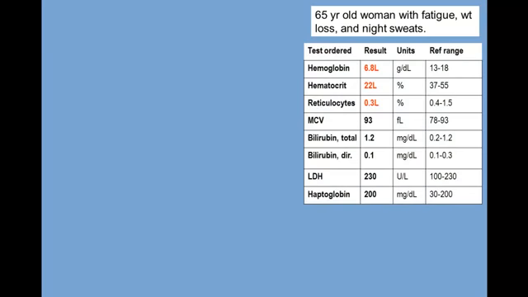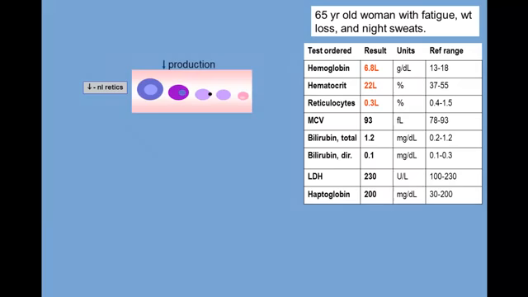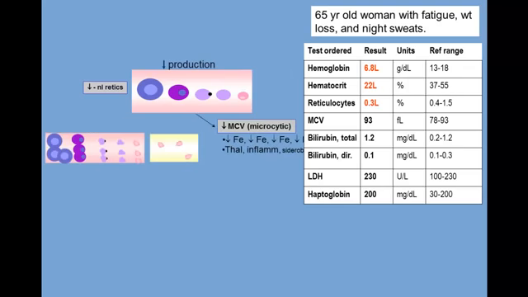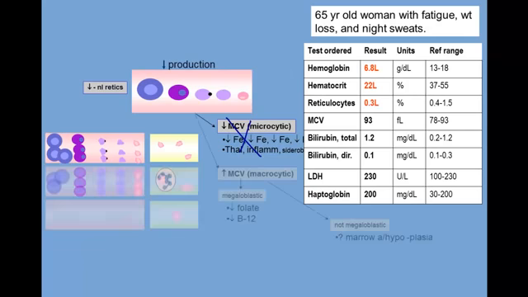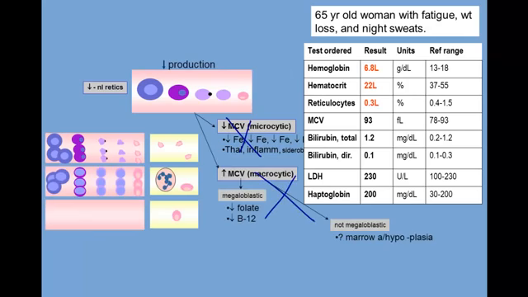In this case, a 65-year-old woman presents with fatigue, weight loss, and night sweats, an ominous set of symptoms. Her test results show an anemia with a low reticulocyte count, putting her in the decreased production side of the equation. The MCV is normal. This means that it's not a simple case of microcytic anemia like iron deficiency. It's also not a macrocytic anemia, either megaloblastic as with folate or B12 deficiency, or a non-megaloblastic macrocytic anemia as in some hypoplasia or aplasias.